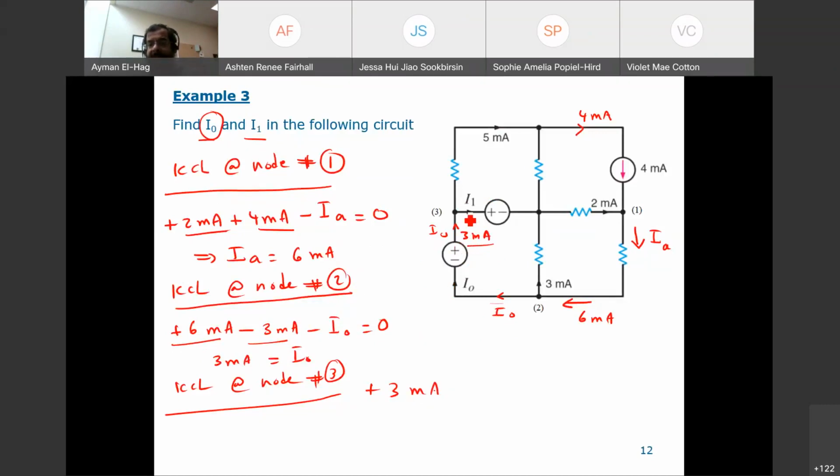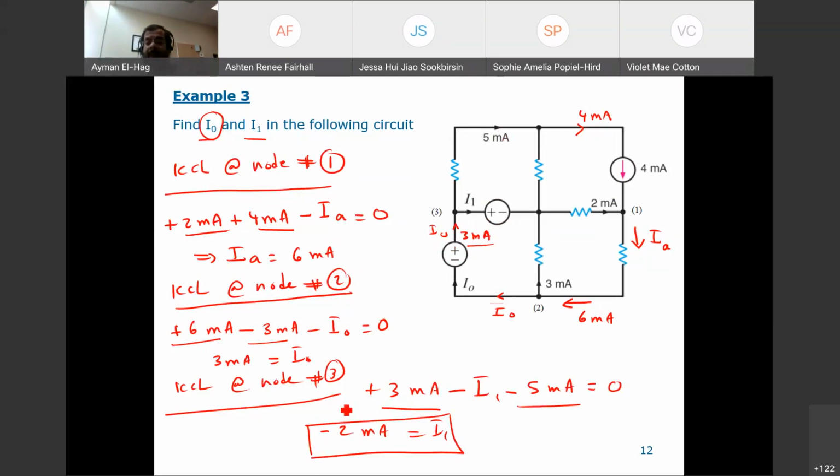This enters, and this leaves the node, so minus I1, and this leaves the node, minus 5 milliamps, equal to 0. Okay, so 3 minus 5 is minus 2 milliamps, equal to I1, and this is your I1.